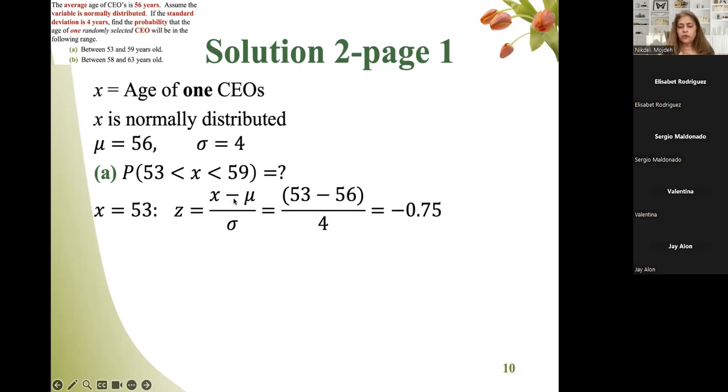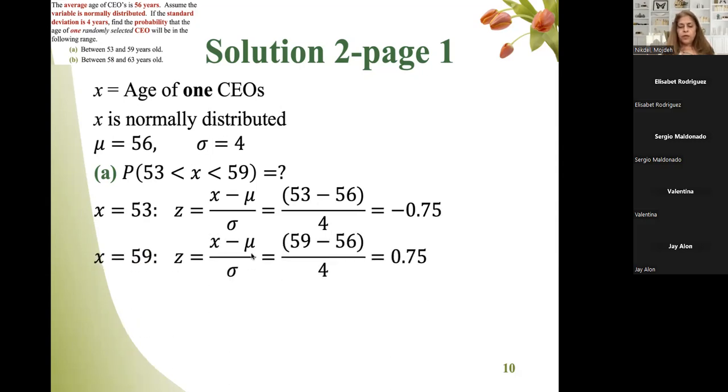Z equals (X minus mu) over sigma, so (53 minus 56) divided by 4, you get negative 0.75. Then when X is 59, Z equals (59 minus 56) over 4, it gives you positive 0.75.